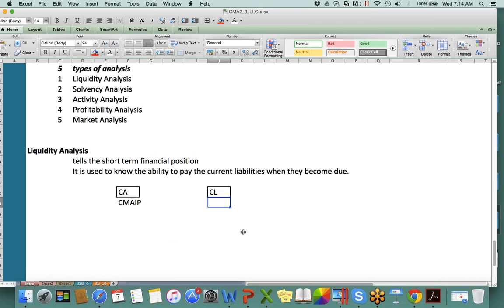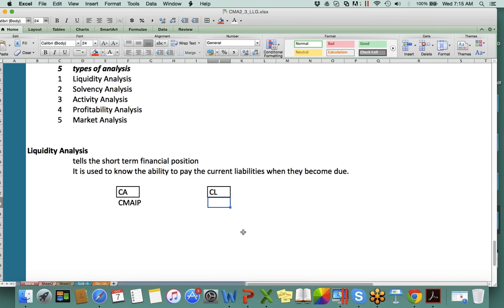They can be accounts payable, accrued expenses, incomes received in advance, a bank overdraft, a short-term loan, and a portion of a long-term loan becoming due this year. These need to be monitored from time to time and compared with the current assets, and never allow current assets to go down below the current liabilities.